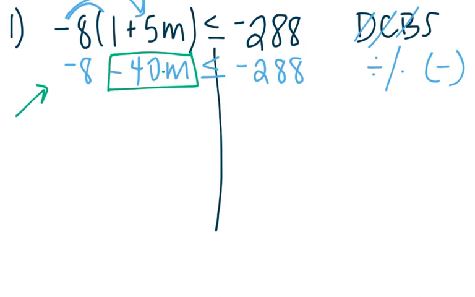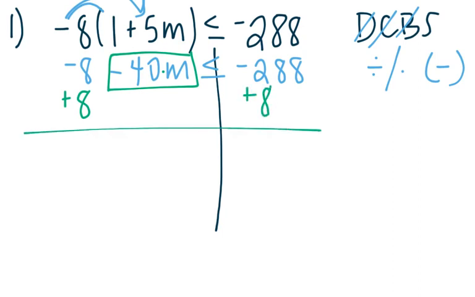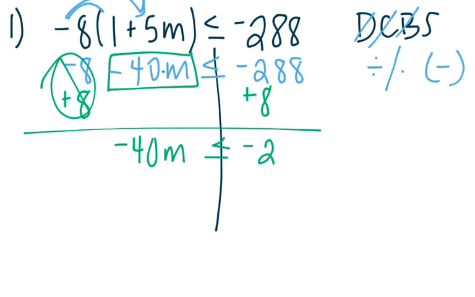So how could we undo minus 8? Let's do the inverse. Let's add 8 so that we can create a 0 pair. That's a 0 pair, and we're just left with negative 40m is less than or equal to negative 280, because we added 8 to that.